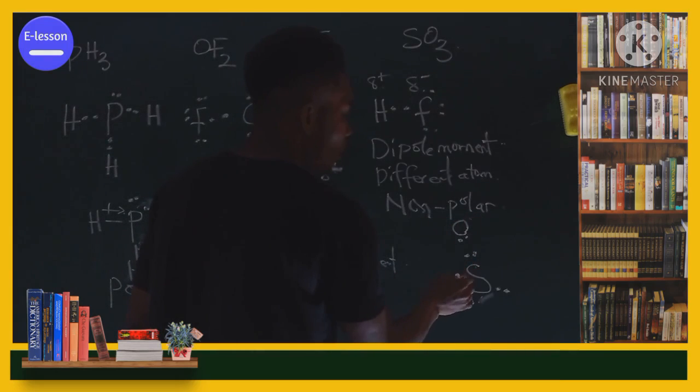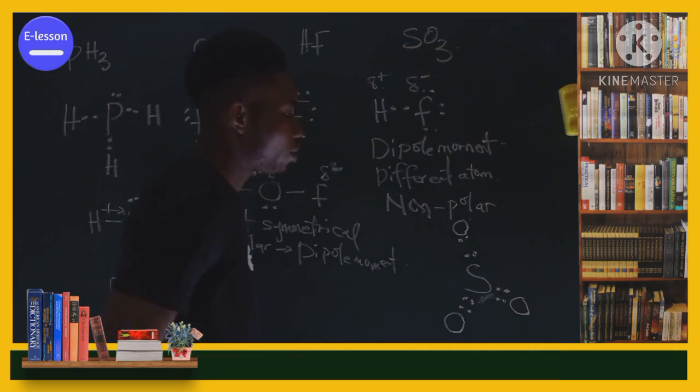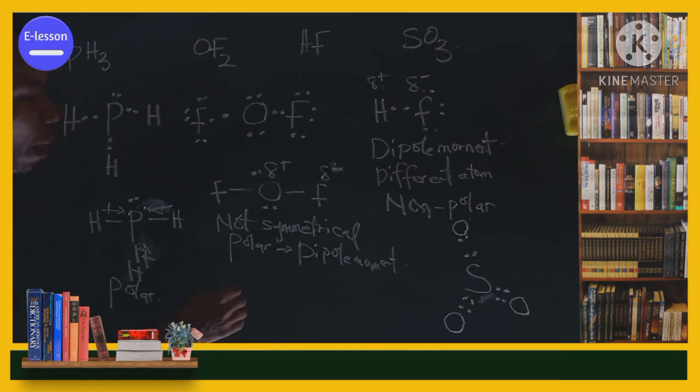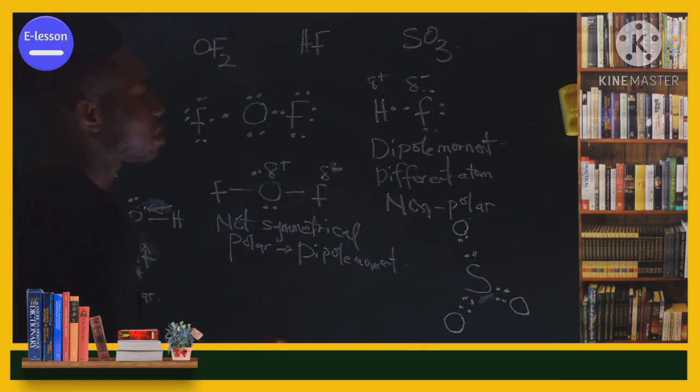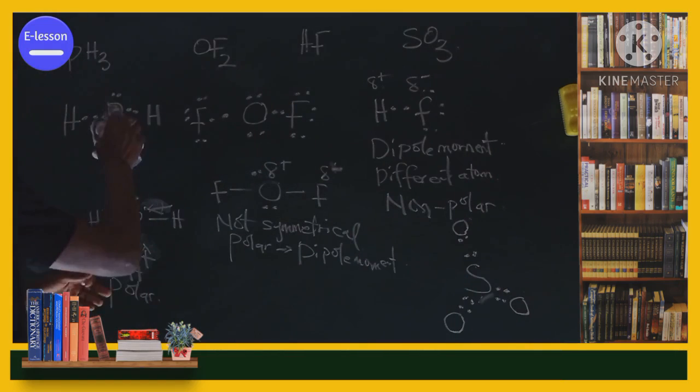Let's leave the lone pairs, of course, we know that they are supposed to be there. It needs another 2 electrons. Remember to put your lone pairs. It needs another 2 electrons. Now, if you look at this compound very well, what can you see?